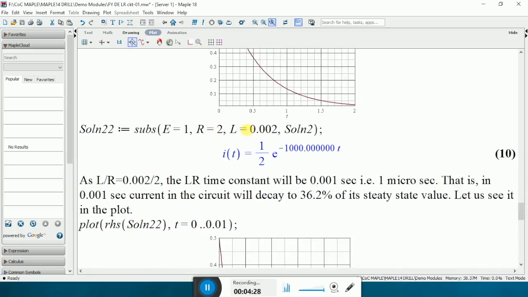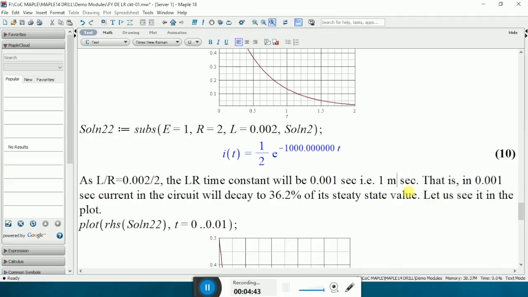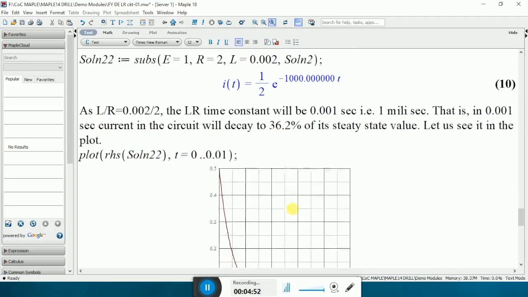Similarly, we can opt for the second set of values, R equal to 2 and L equal to 2 millihenry, and it will take 1 millisecond to decay the current to 36.7% of its maximum value.